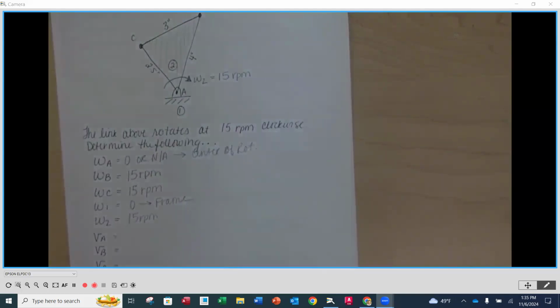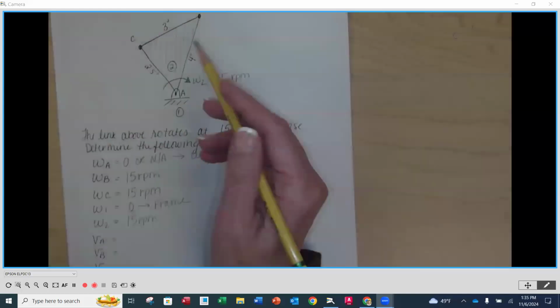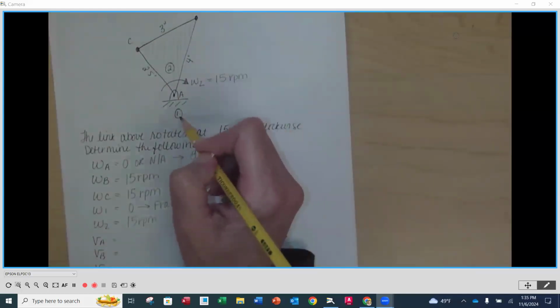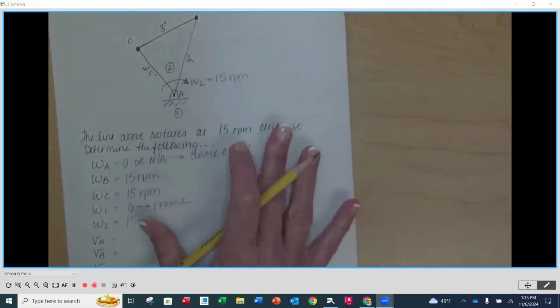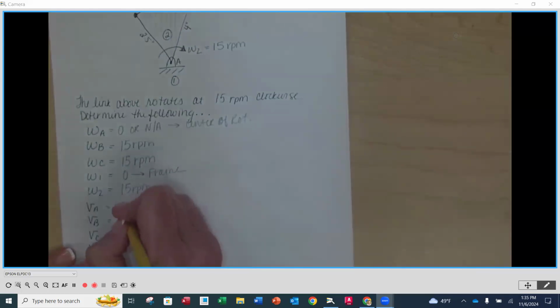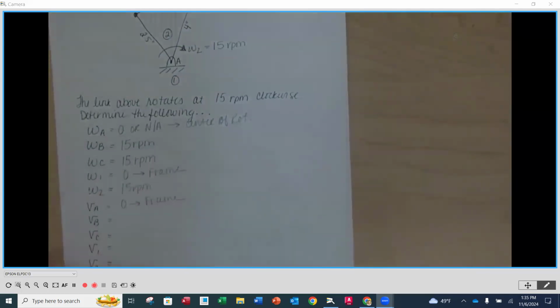You're right, the distance will be 0, but why also is it 0? What is it connected to here, and what is it not doing? It's a fixed point. It's not moving. Yeah, it's the frame, Ben said. Perfect. So this is going to be 0, and again, that's on the frame, so it doesn't move. No straight line velocity.